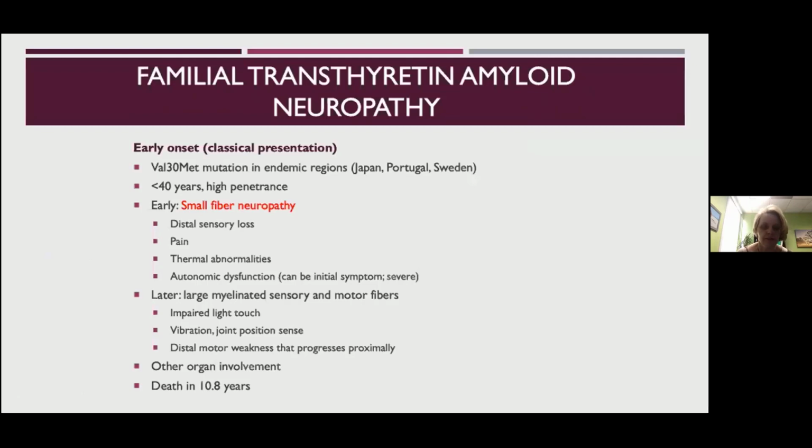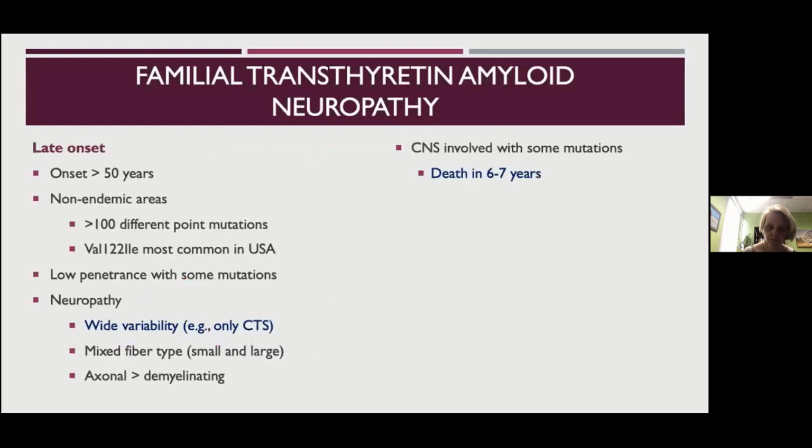It is characterized by distal sensory loss, pain, thermal abnormalities, and autonomic dysfunction. And then later on, large myelinated sensory and motor fibers are also involved. This is presented with impaired light touch, impaired vibration and joint position sense, distal motor weakness that progresses proximally. Classically, other organs are involved, and death happens in about 10.8 years untreated.